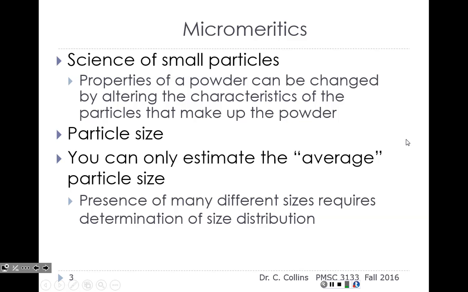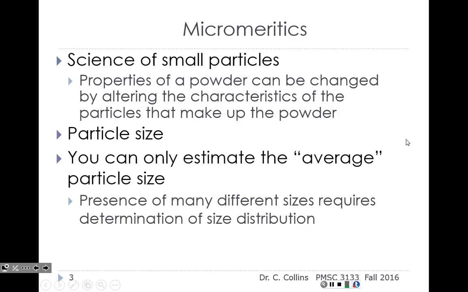So, particle size. Particle size is usually estimated as an average. It's not impossible, but nearly impossible to have uniform particle size for an ingredient. And if you could do that, it would be horrendously expensive. So we look at a particle size range, sort of like a distribution.